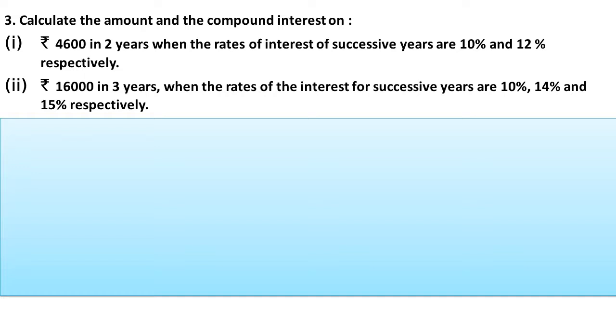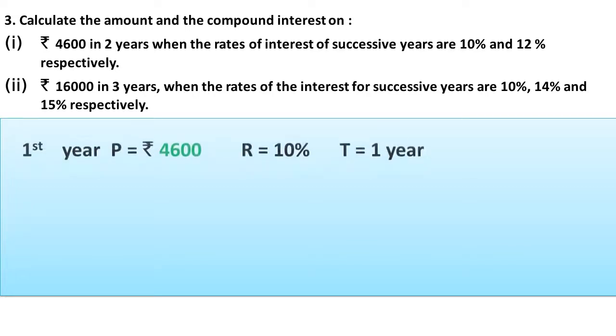So, in this case, the major difference which we have to note down here is the rate of interest changes from first year to second year. When we are calculating the interest for the first year, we have to consider the rate of interest as 10%, and when we are calculating the interest for the second year, the rate of interest should be considered as 12%.